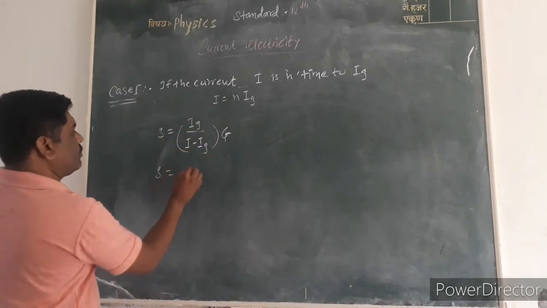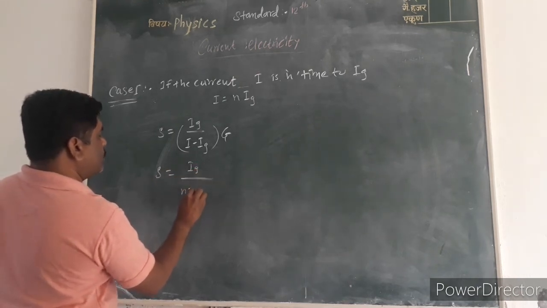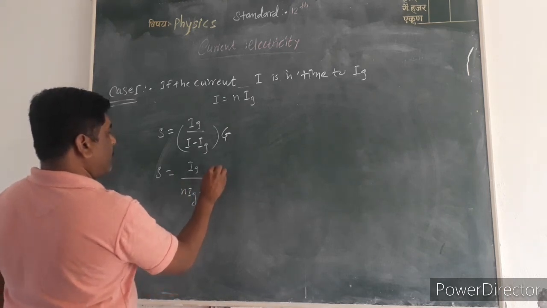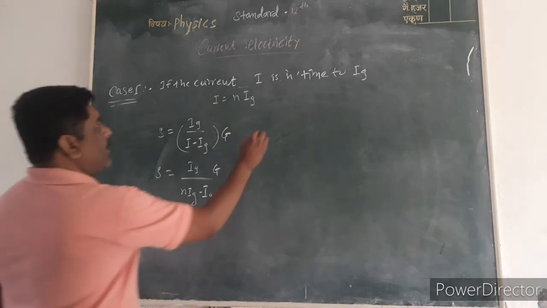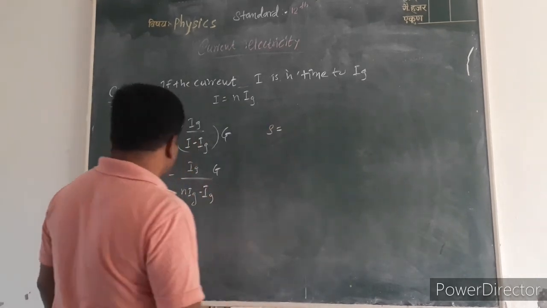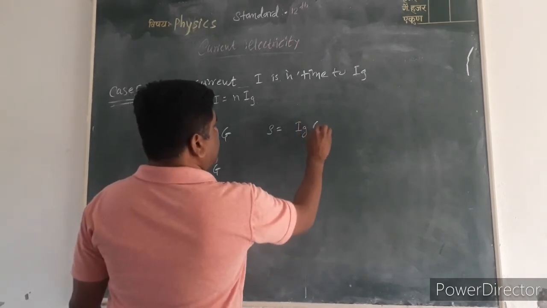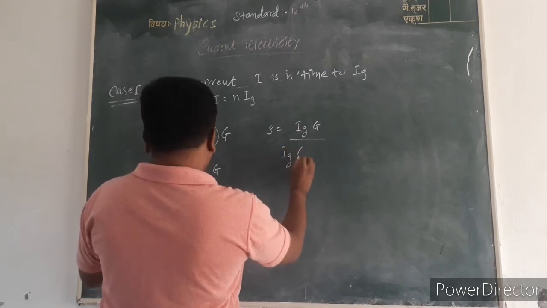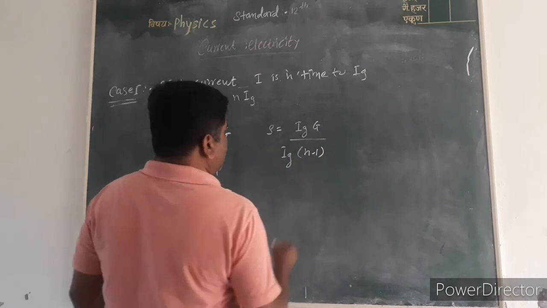Therefore, S is equal to Ig divided by n into Ig minus Ig, into G, or S is equal to Ig divided by Ig into bracket n minus 1, into G. Ig cancels.